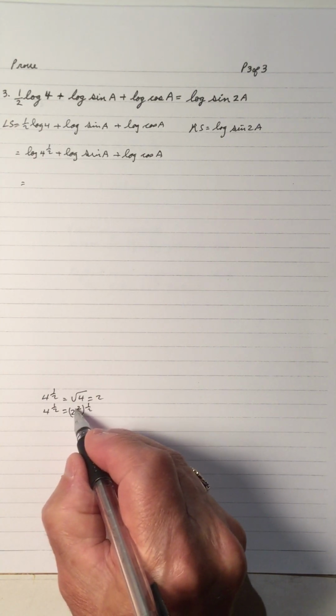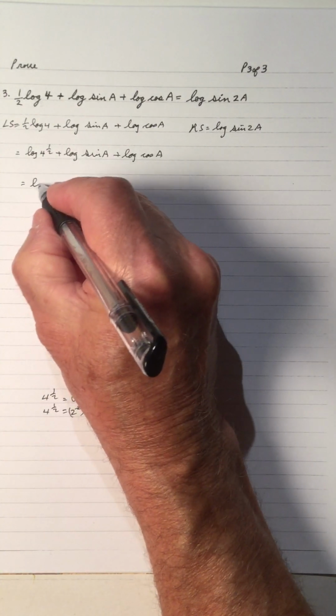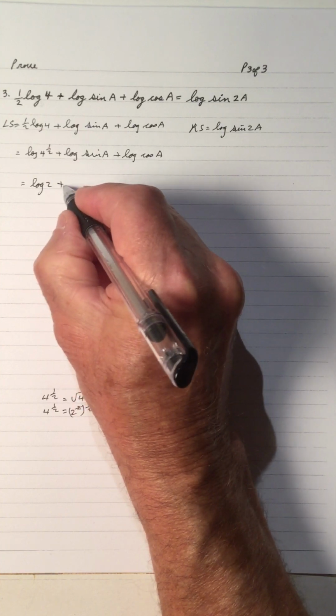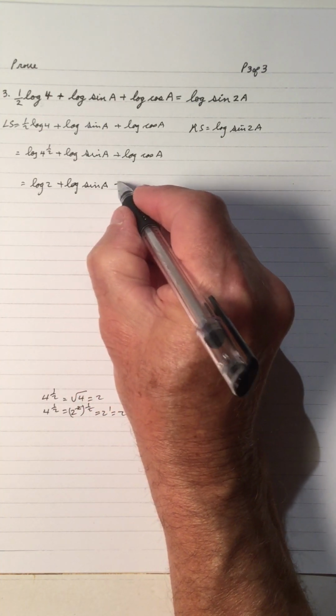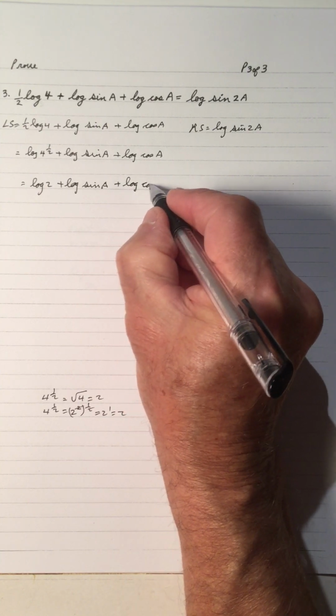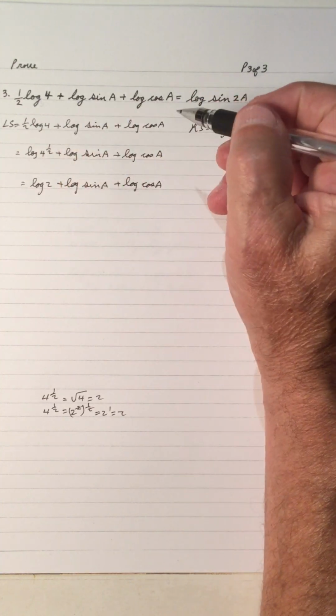We have a power of a power, so I get 2 to the 1, which is 2. So that's the log of 2. Let's simplify that first, because I always do the power rule first. Any number in front of a log, move it up to a power.